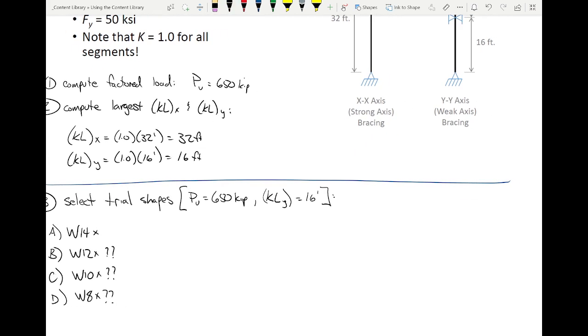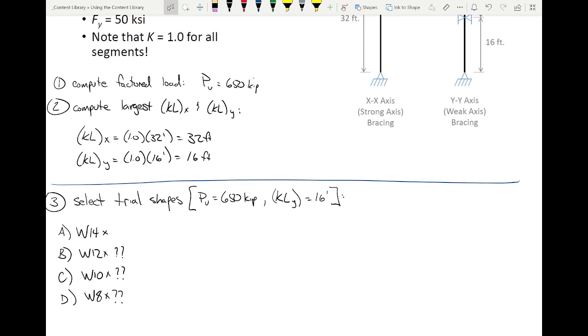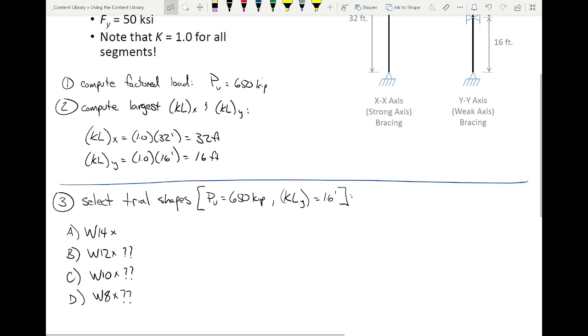Let's start off with the W14s. Does anybody have for me a W14 shape that will withstand a load of 650 kips, given that the column has an effective length of 16 feet? The W14x82, okay. Now I'm going to ask for a little bit more data. What is the phi-Pn under those conditions? 697.